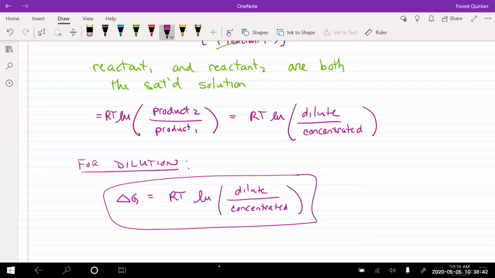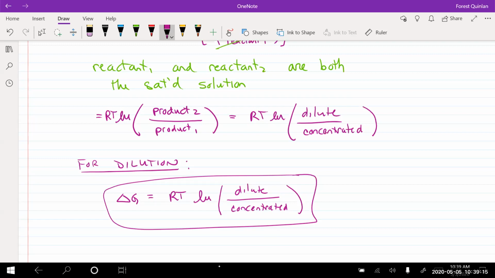Now, I do want to point out that I have done this from a saturated condition itself, but I could have done it from, say, a 2 molar down to 1 molar. But again, to make the 2 molar, I have to start out with a saturated solution and dilute it down. To make the 1 molar, I have to start with a saturated solution and dilute it down. Therefore, both the concentrated and the dilute situations still come from that original saturated set of conditions.